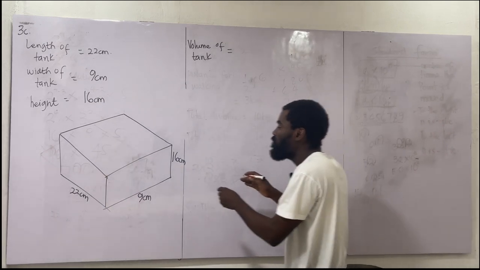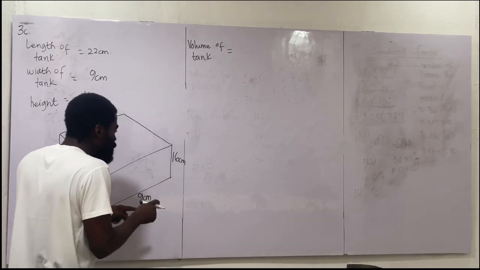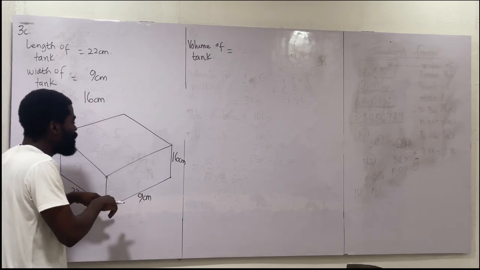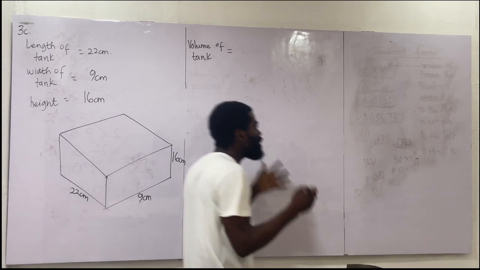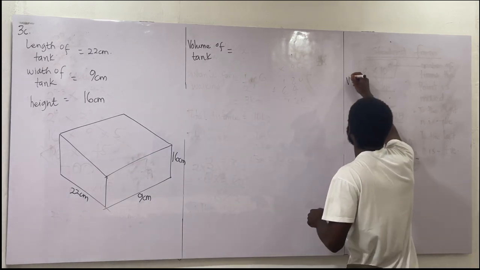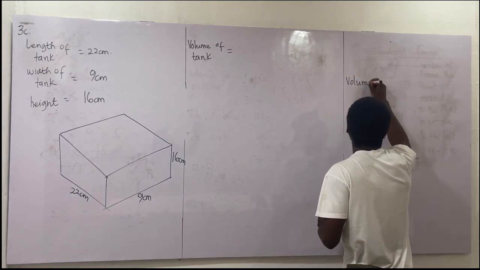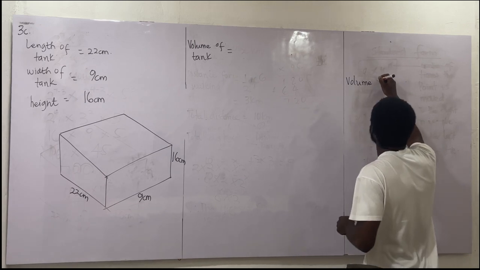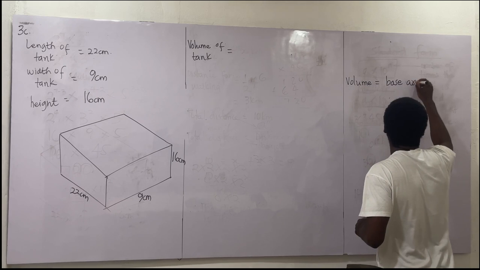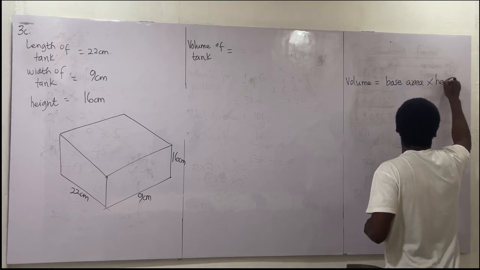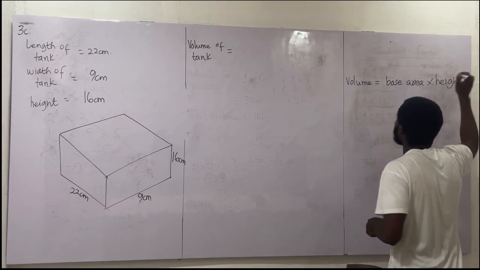Now, in fact, to find volume is most of the time the base area of a solid figure times its height. Keep that. Generally, volume equals the base area times the height.